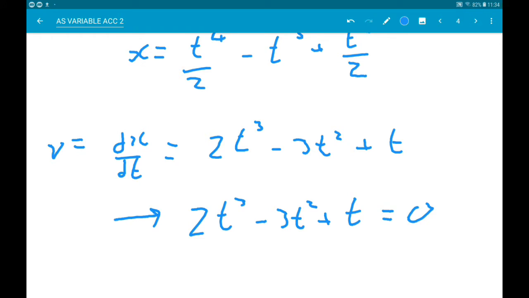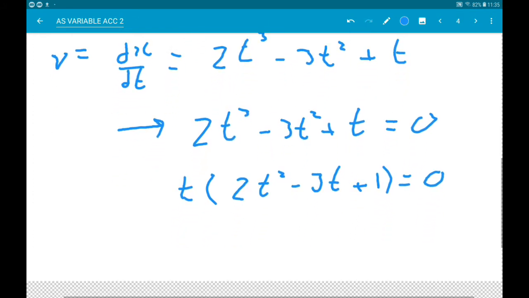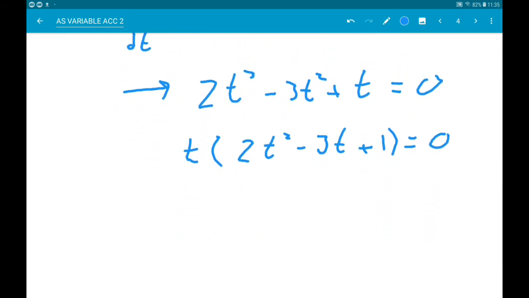Now we can factorize this. First of all, t lots of 2t squared minus 3t add 1, and then we can factorize the quadratic part too. t times (2t minus 1) times (t minus 1).